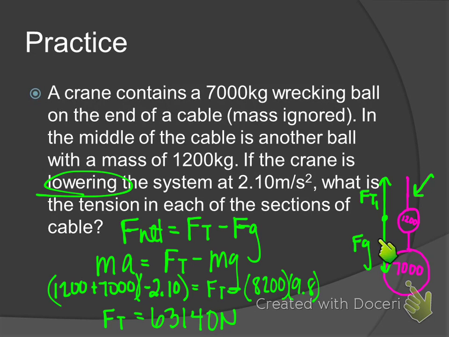So tension in the cable between these two, we're only concerned with the mass that's hanging under it. So this second time our equation would look exactly the same, except we're only dealing with the 7,000 kilogram object.